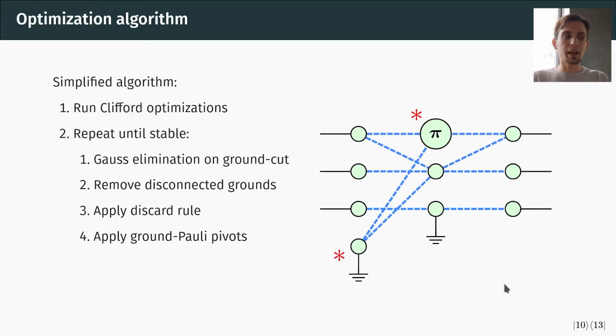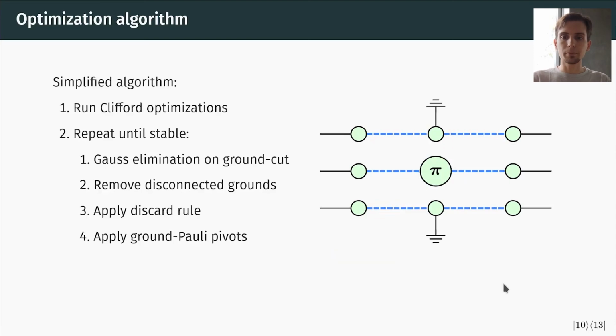We can also apply the ground polypivot rule if applicable. We then repeat this process from the Gauss elimination until we reach some local minimum where we have a reduced diagram. And with that, we can pass into the extraction of the circuit.